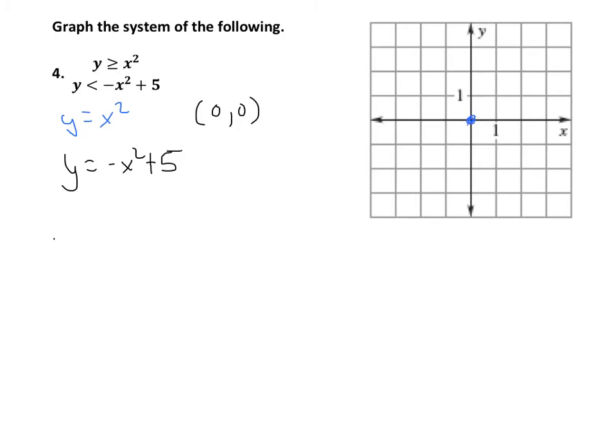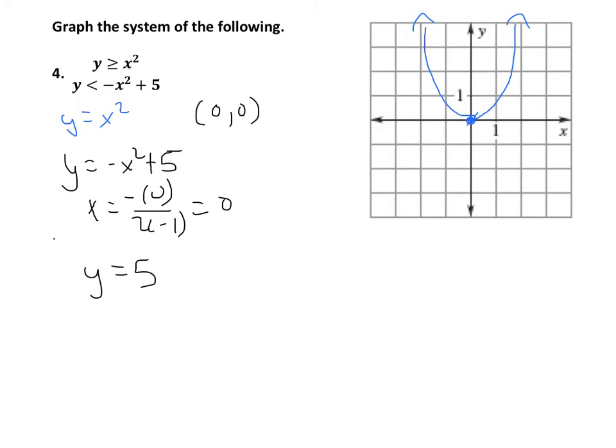A is 1, so it opens up, and it is a solid line. Now here, the x coordinate would be x equals negative 0 divided by 2 times negative 1, so it's 0, and then plug that in and you'd get y equals 5.